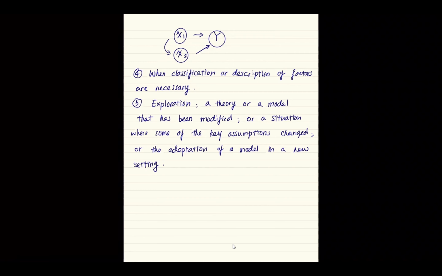Can we explain COVID-19 with H1N1? You see, there are certain things that change. There are similarities, but certain things are not exactly the same. So you want to explore whether the old model still fits into the new situation or not.